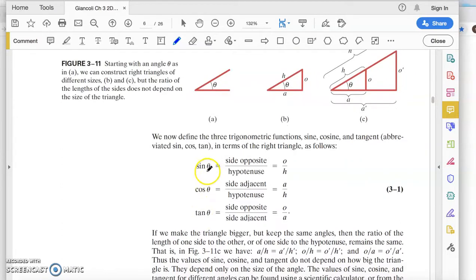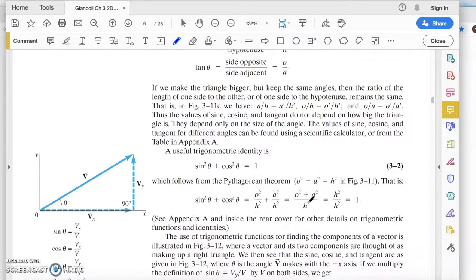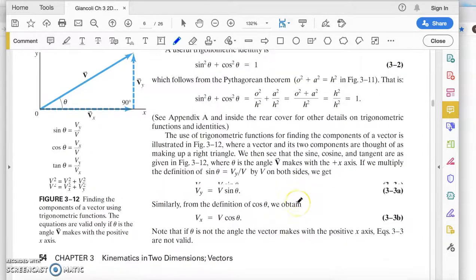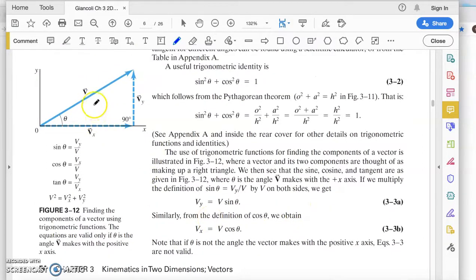Here he's defining the sine, cosine, tan, which is opposite over hypotenuse, adjacent over hypotenuse, opposite over adjacent. So if you really know these things, no need to go through them. The most important thing is to see what sine theta is: it's opposite divided by hypotenuse. It means if somebody asks you what the y component of the vector is, you will say v times sine theta.